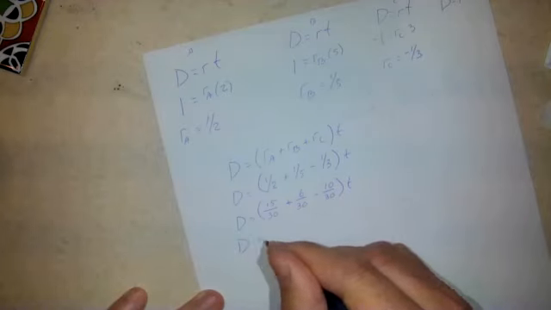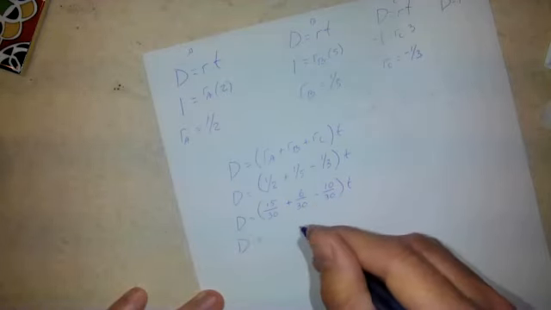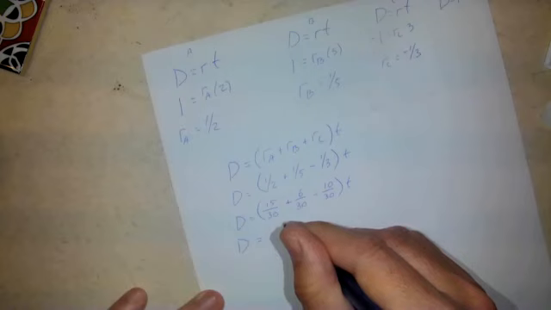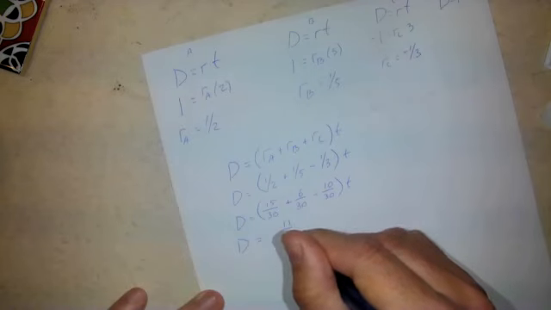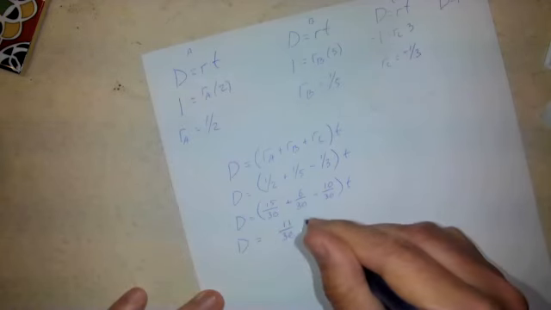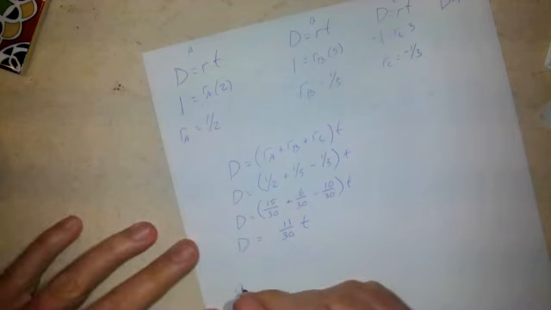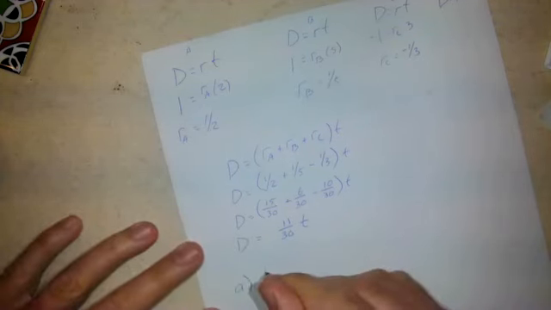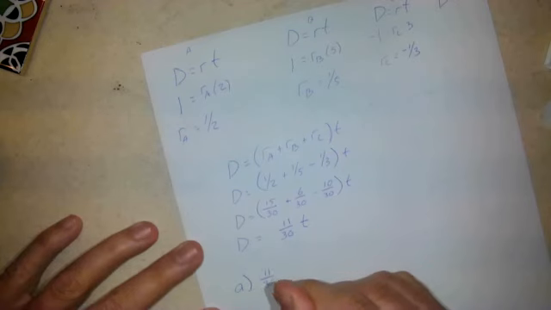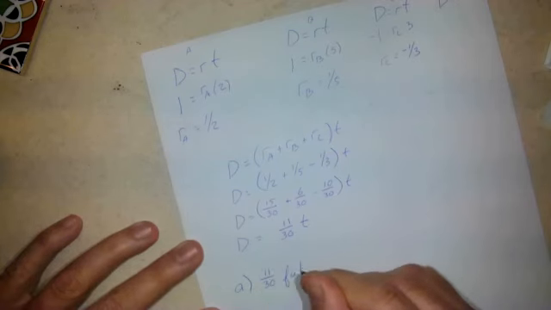So distance equals, looks like we've got 11/30 when I add them all together, 11/30 times time. Okay, let's answer these questions now. If the reservoir is empty and all 3 pipelines are operating, how full will the reservoir be after 1 hour? Part A, if I plug in a 1, 11/30 full.